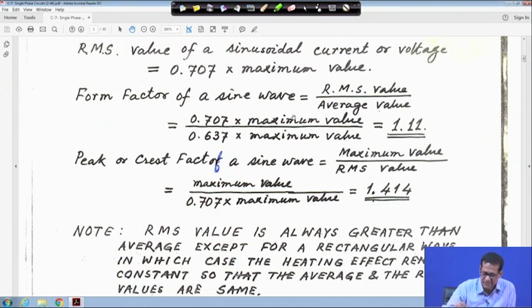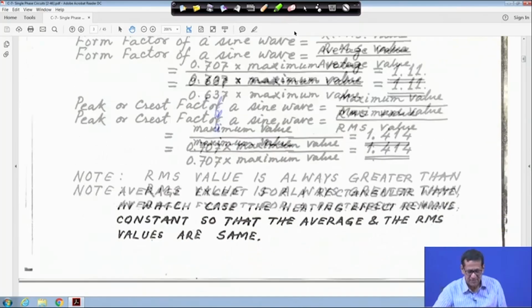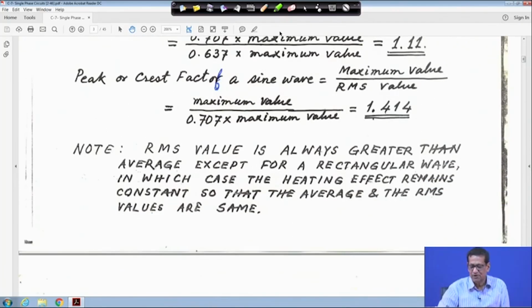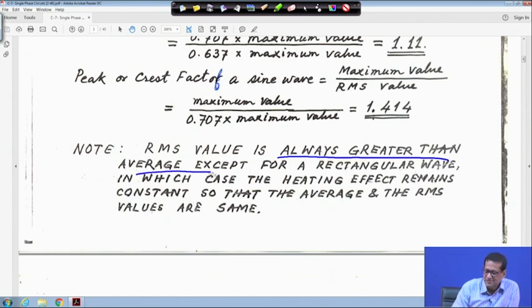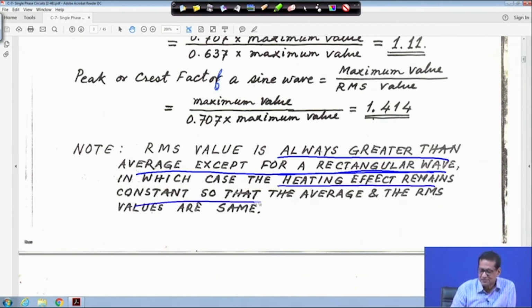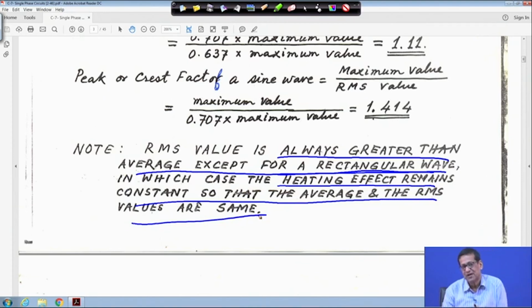Therefore the RMS value is always greater than the average value, except for a rectangular wave, particularly a square wave, because different waveforms can be generated, in which case the heating effect remains constant, so that the average and the RMS values are the same.